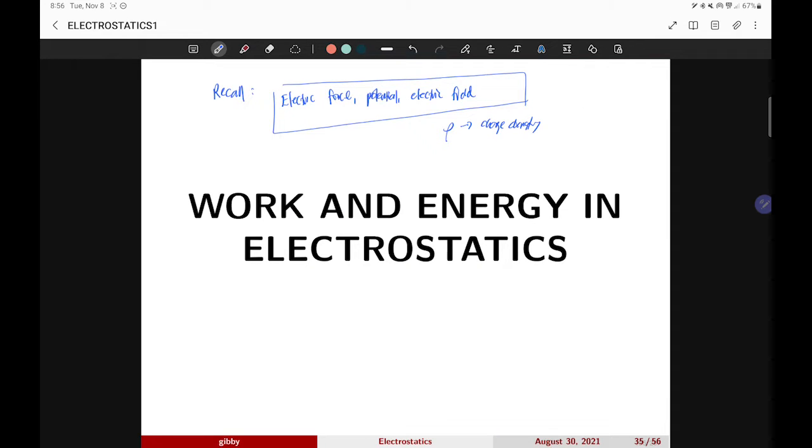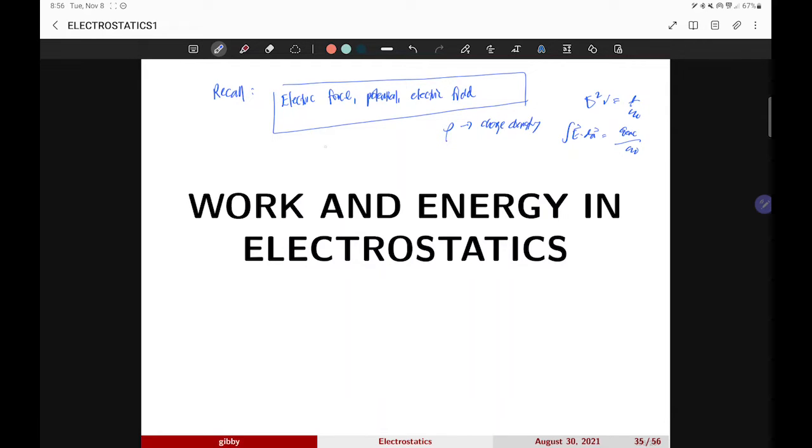For the differential Gauss's law, we have the Poisson, right? So we have this one, rho over epsilon naught. And for the integral Gauss's law, we have E dot dA equals Q enclosed over epsilon naught.